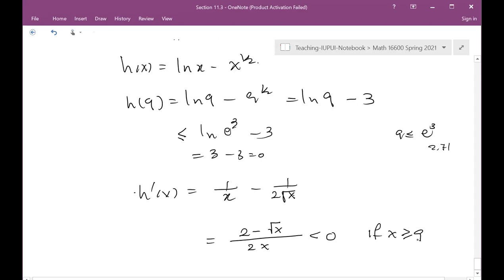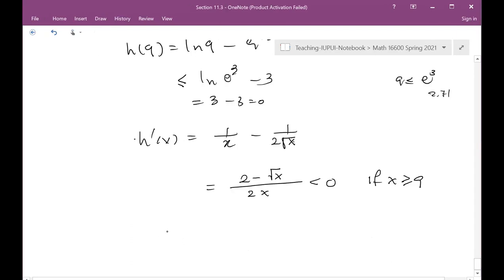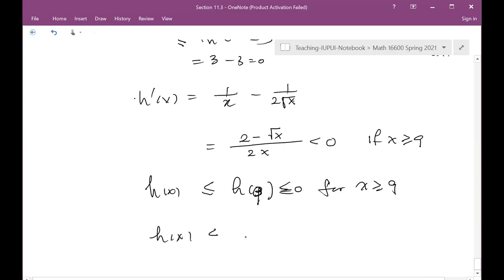Because for x greater than or equal to 9, the second term is greater than or equal to 3. So that's why the difference h of x is always less than or equal to 0 for x greater than or equal to 9.